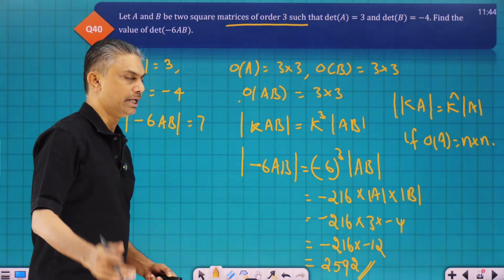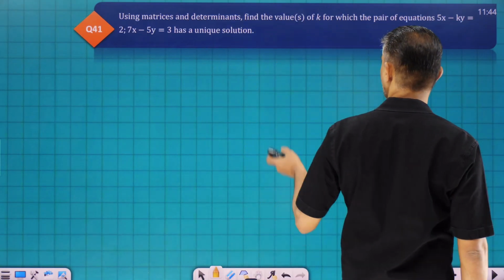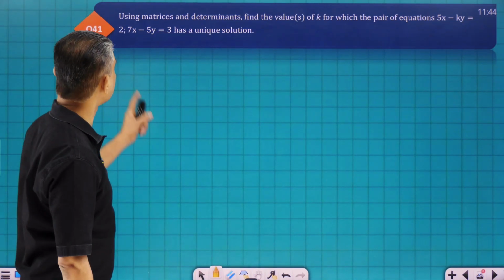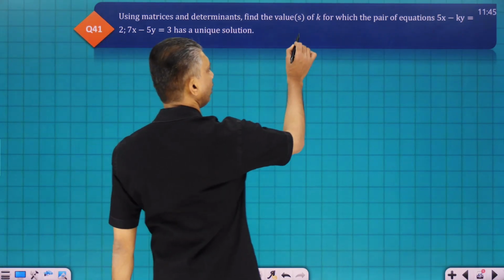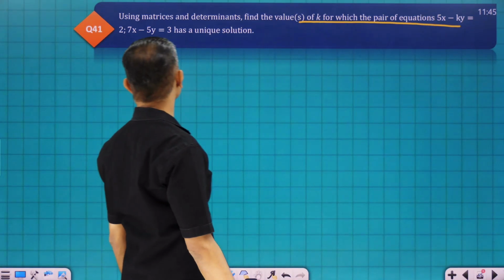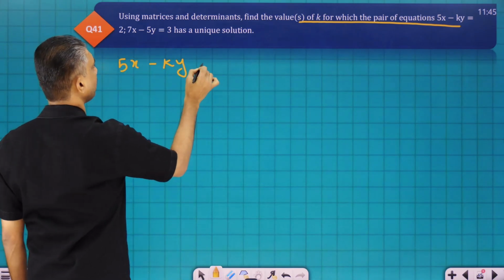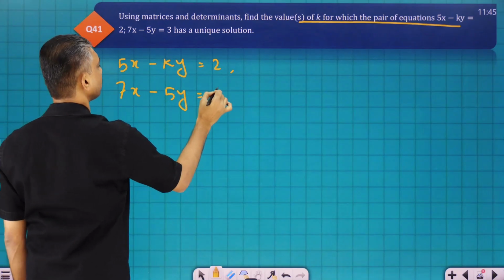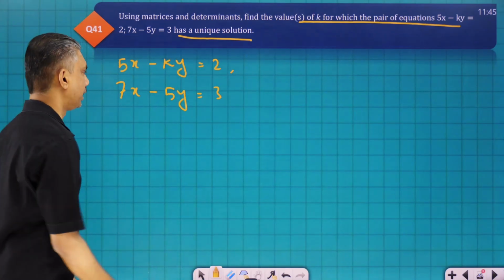Let's go for the next question. Using matrices and determinants, find the values of k for which the pair of equations 5x minus ky equal to 2, 7x minus 5y equal to 3 has a unique solution. What is the condition for a unique solution?